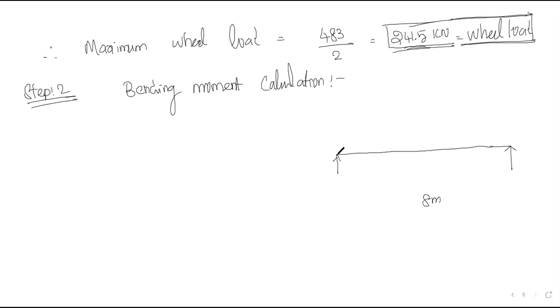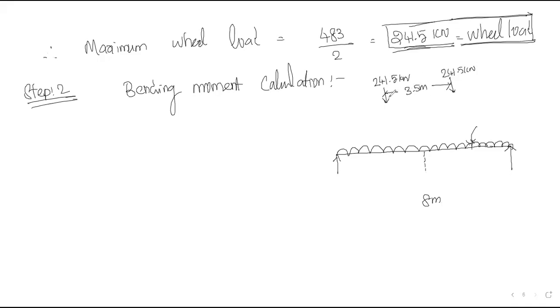We can have the self weight of the gantry girder acting as a UDL, so we are going to calculate it first. Then we can have two wheel loads. Wheel 1 has a load of 241.5 kilonewton, and wheel 2 has a load of 241.5 kilonewton, and the wheel base is 3.5 meters from the given data.